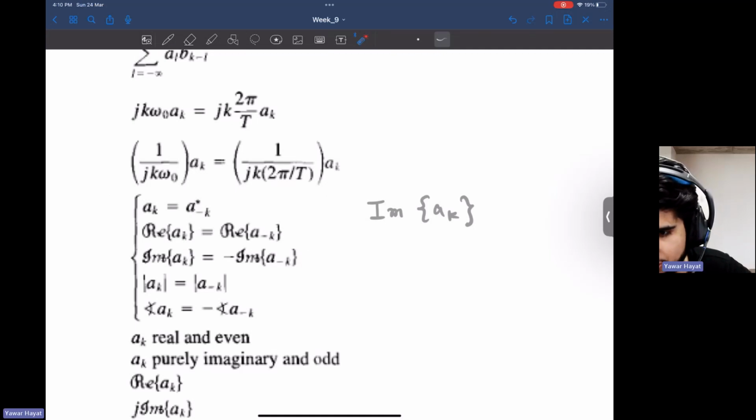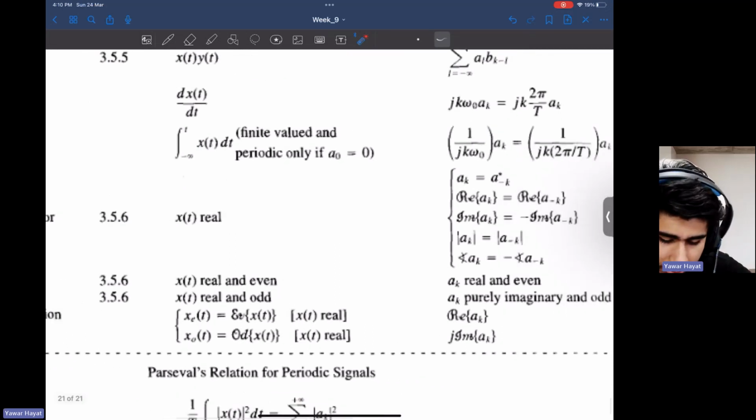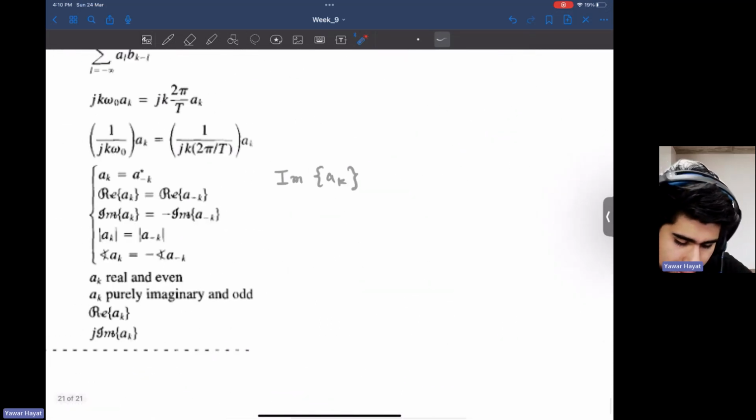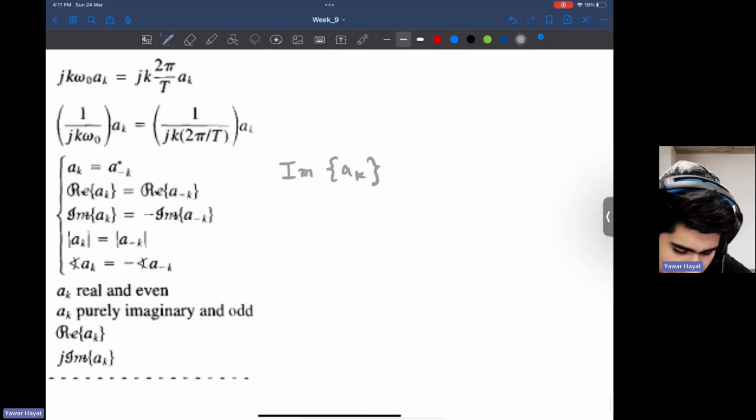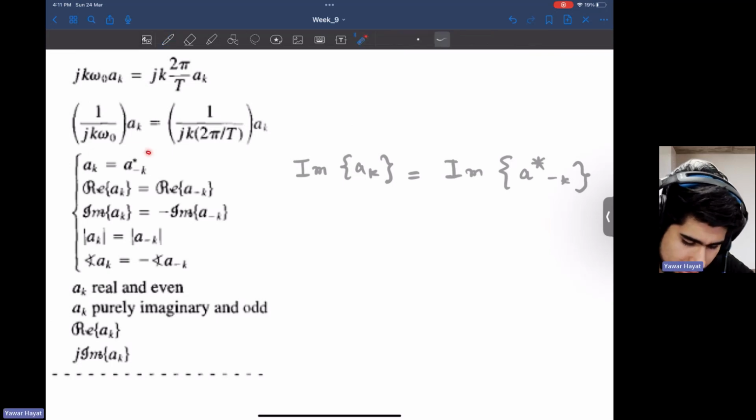In addition to that, we have a condition that the signal should be real valued. You'll encounter many such signals, and for all those signals, you can use these properties. So the imaginary part of a_k is equal to the imaginary part of a star of minus k. I use this one.